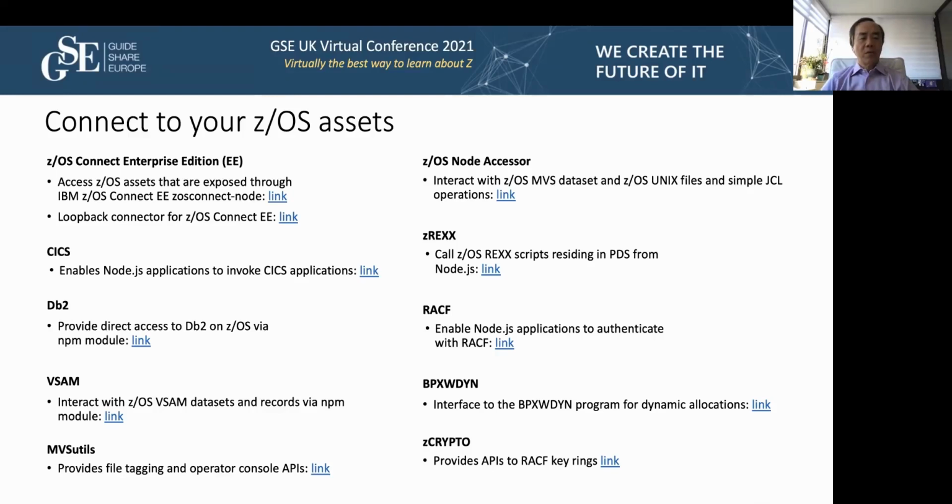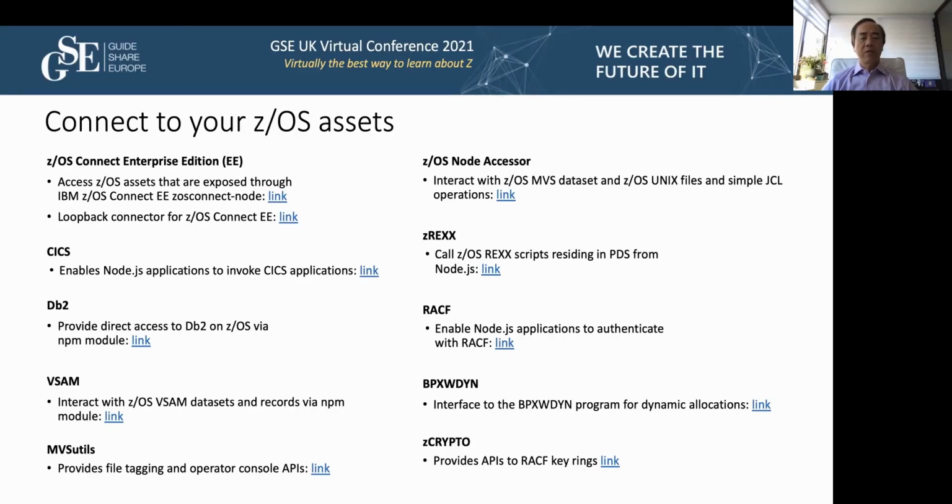First of all, it works with z/OS Connect, because Node.js speaks API very well. With this NPM, you can access z/OS assets that are exposed through z/OS Connect, and you can also produce APIs with the LoopBack connector as well.